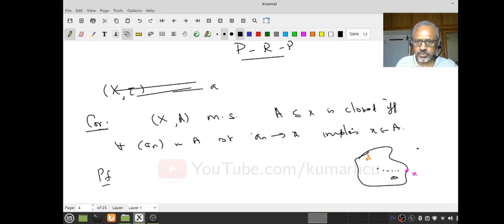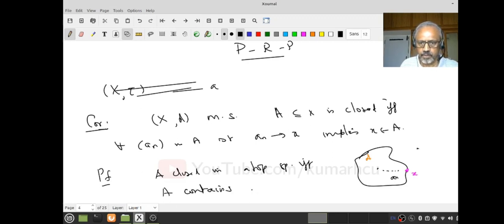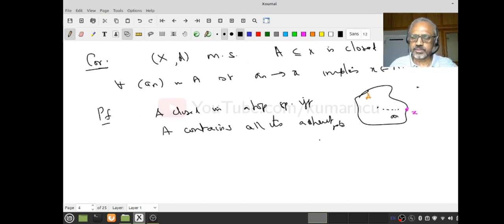When is A closed in a general topological space? A is closed if and only if A contains all its adherent points. Now I want to know that A is closed in a metric space. So A is a subset of the metric space (X, d). I want to know whether A is closed.